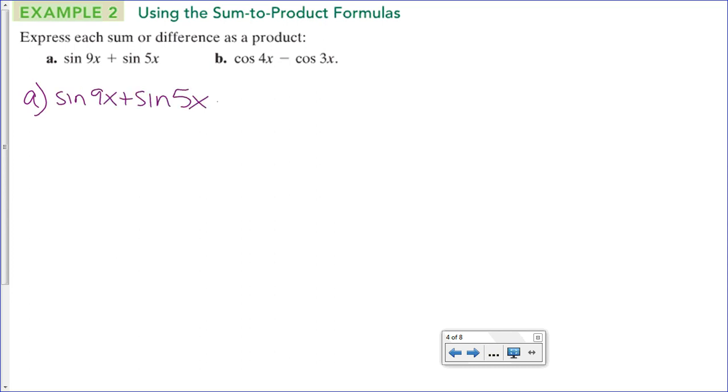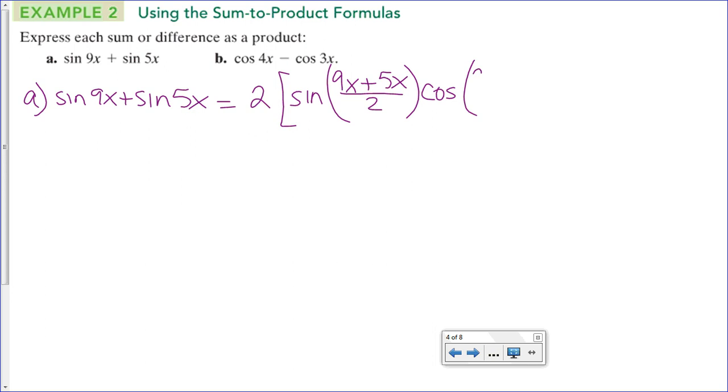Just following the formula, we need 2 times the sine of, not alpha plus beta, but the first angle, which is 9x, plus the second angle, which is 5x, divided by 2, and then times the cosine of the first angle, 9x, minus the second angle, 5x, divided by 2.